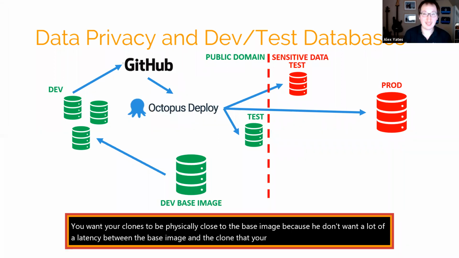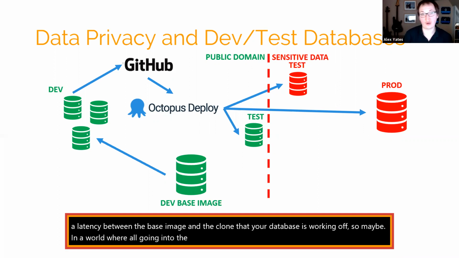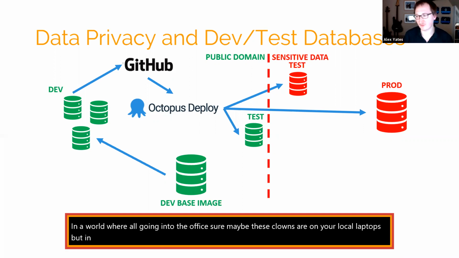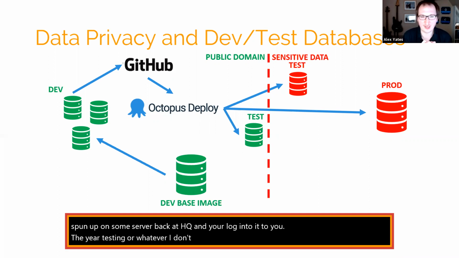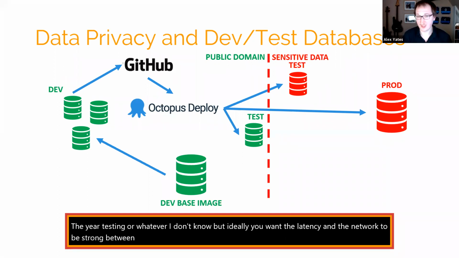So maybe in a world where we're all going into the office, sure, maybe these clones are on your local laptops, but in this COVID era where we're working from home, maybe these environments are being spun up on some server back at HQ, and you log into it to do your testing or whatever. I don't know. But ideally, you want the latency and the network to be strong between your clone and the base image. But that's kind of it.